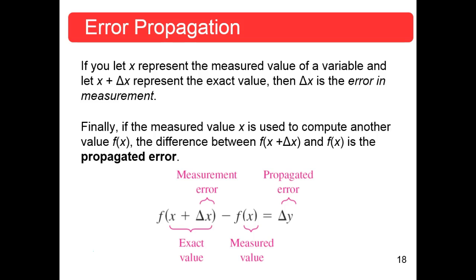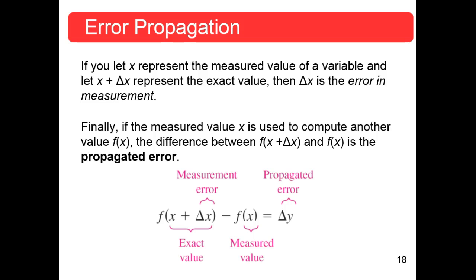Finally, if the measured value x is used to compute another value f of x, okay, well, if your measurement's not quite the same as the exact, then the difference between f of x plus delta x, which is your exact value, and f of x, which is your measured value, that is your propagated error, okay? So in other words, if you have a little error in your measurement, how is it going to affect your calculation?